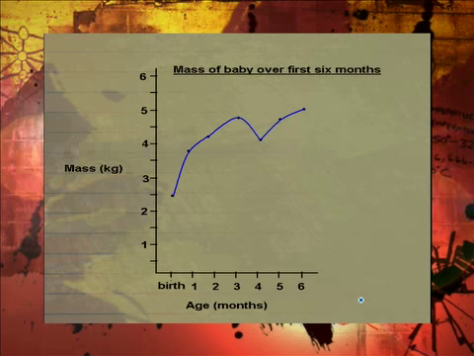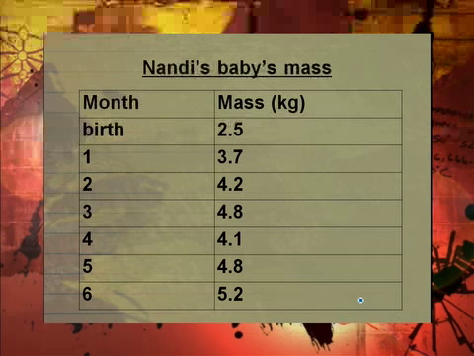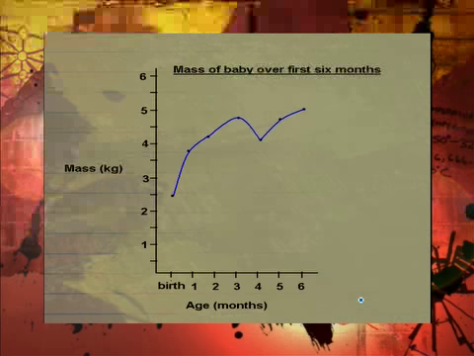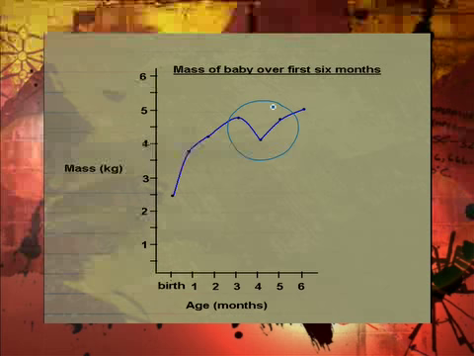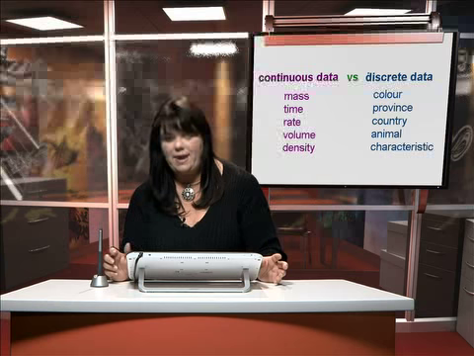And I think you can see here very clearly, if we look just at the table, we wouldn't be able to pick up that there was a problem with this little baby's growth rate. Whereas when you convert that information into a graph, you can see most definitely that that little baby got sick around about 4 months.